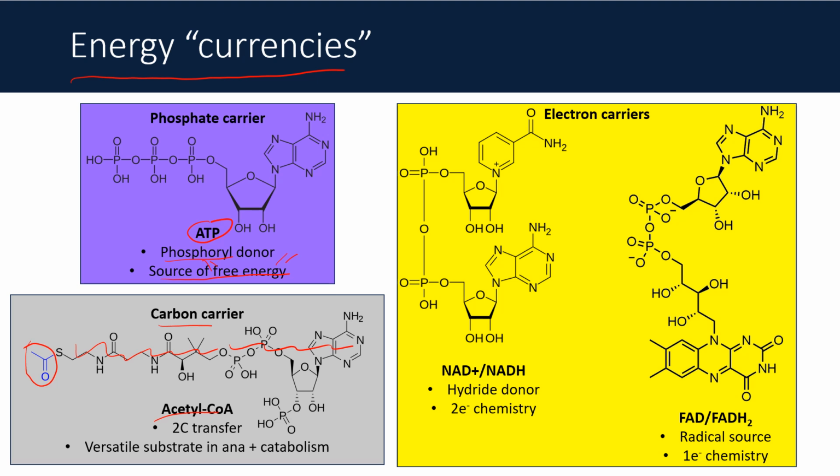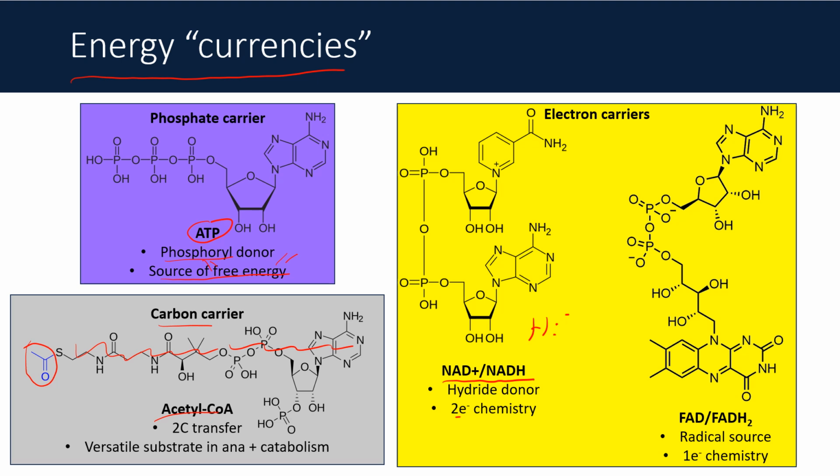The nicotinamide adenine dinucleotide pair can barter pairs of electrons via hydride transfer. When we say hydride, what we mean is H minus. Basically a lone pair, two electrons at a time.